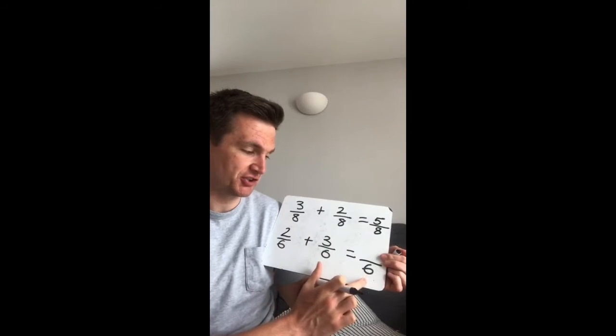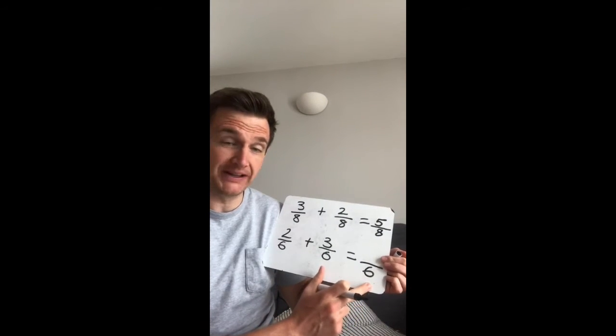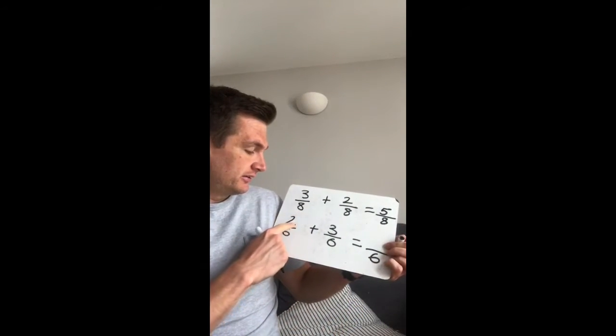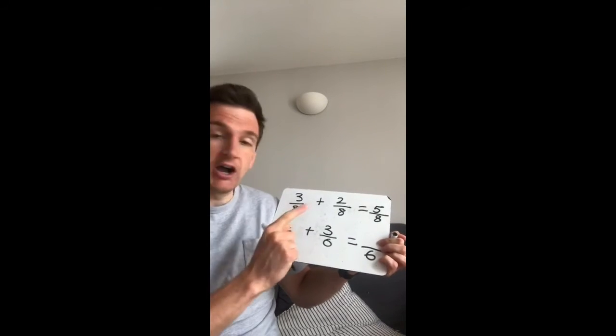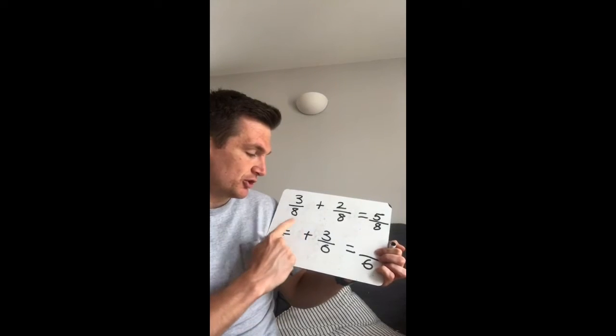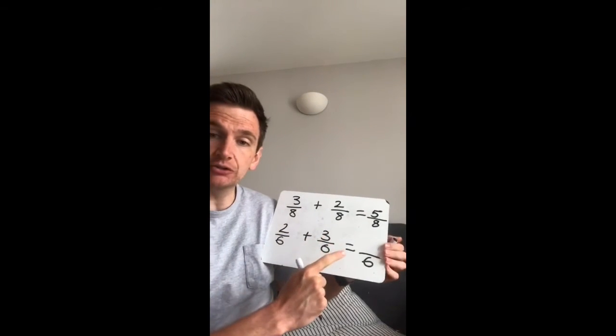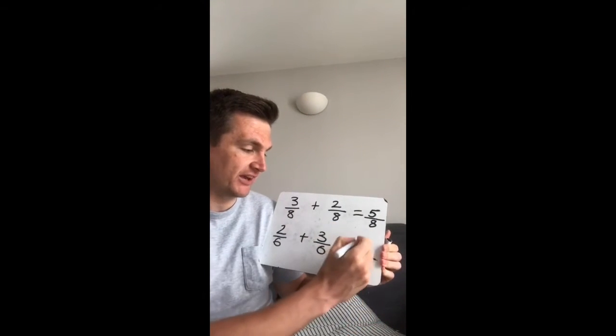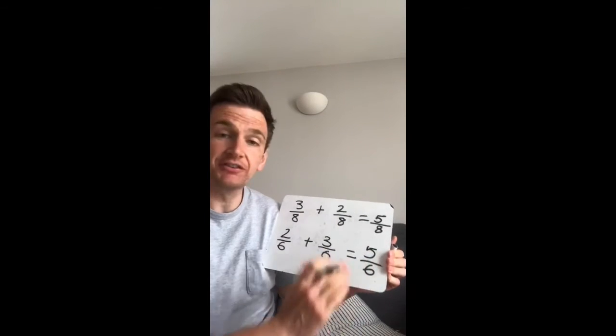So my answer fraction will be 6 as well for the denominator. Now my numerator, I need to add them together because I'm adding these 2 fractions together. So I've got 2 add 3 equals, and of course, like we just worked out, is 5. So the answer for that one would be 5/6. Brilliant.